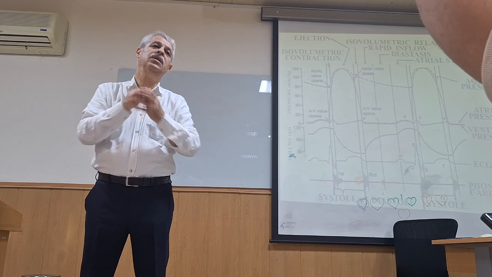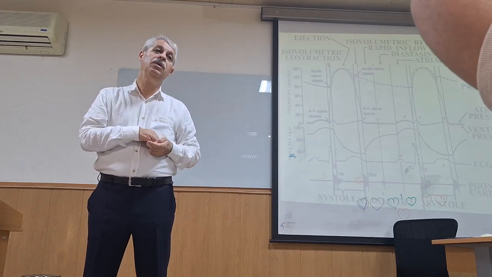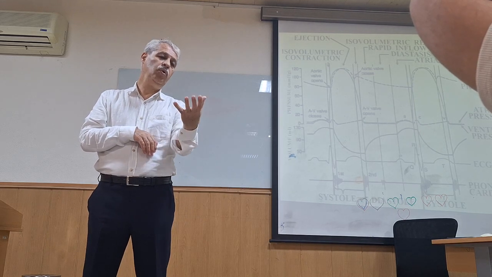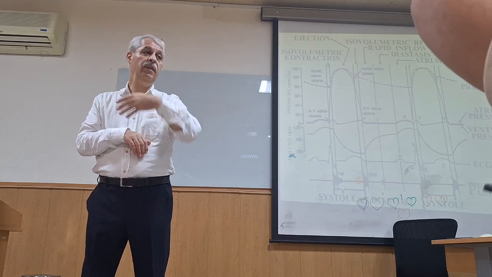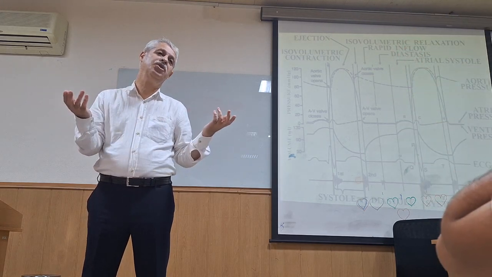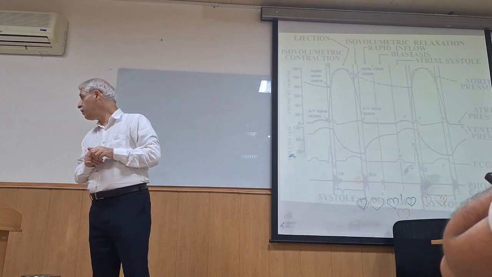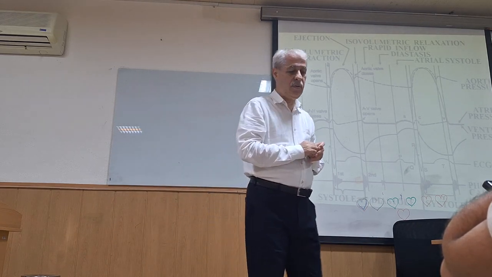This pretension is called preload. In the heart, this preload equals venous return. Afterload is the weights, or in the heart, it is systolic blood pressure. So this is called preload.